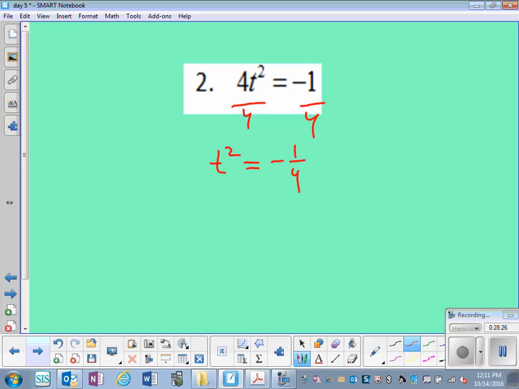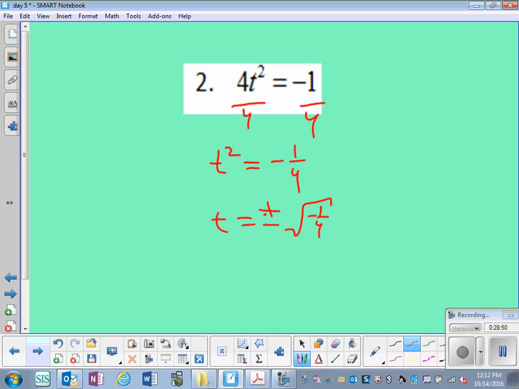So I take the square roots, right? So square root of t squared is just t, and then square root of negative 1 over 4, and add plus minus. I don't forget plus and minus. So now I need to simplify this, right? How can I simplify square root of negative 1 over 4?